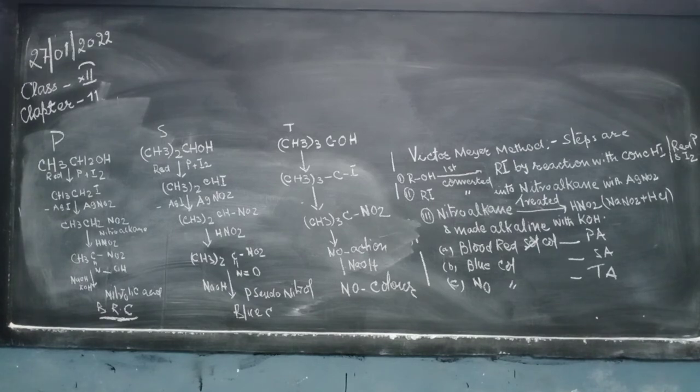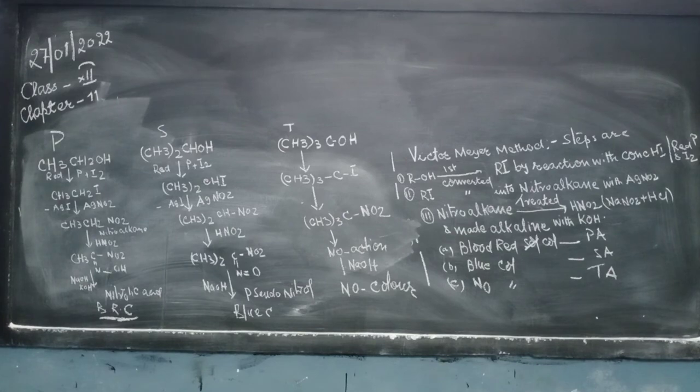I repeat last time. Victor Meyer method. The different steps are: alcohol is first converted into alkyl iodide by the reaction of red phosphorus and iodine. Alkyl iodide is then converted into nitroalkane with the help of silver nitrite.